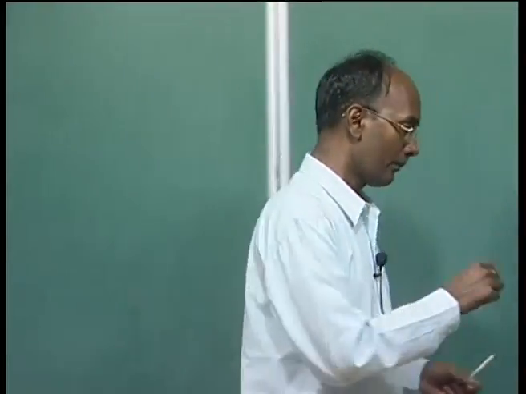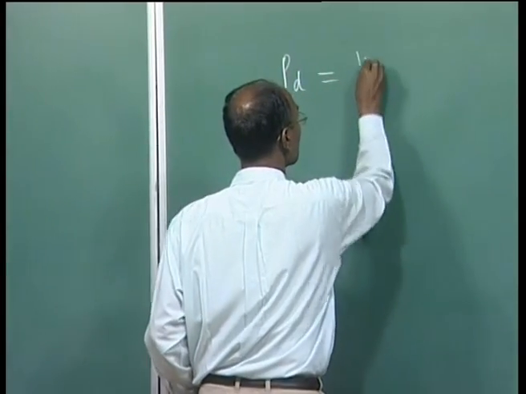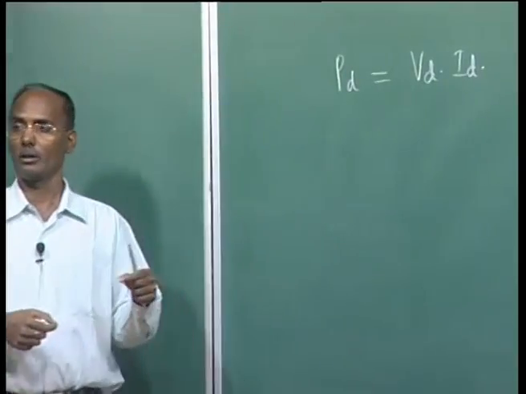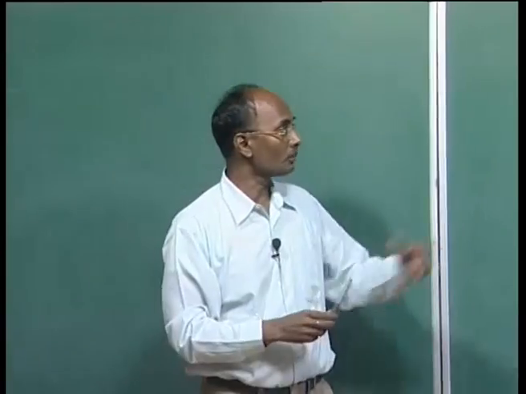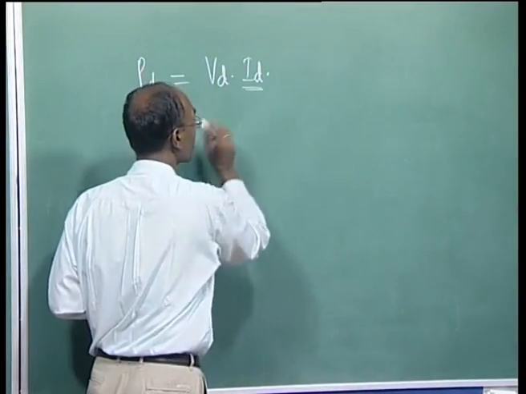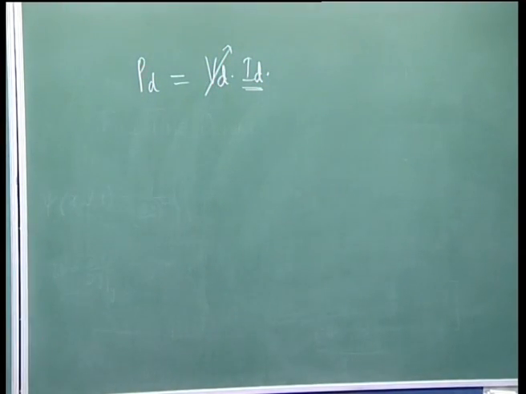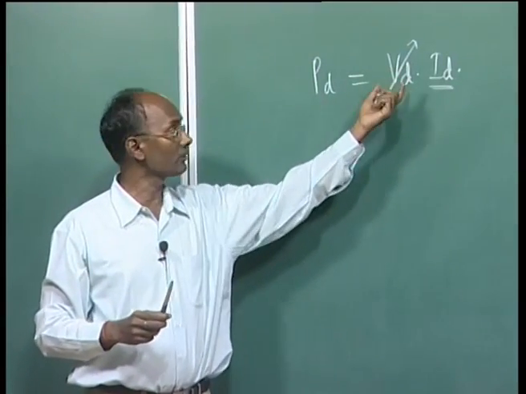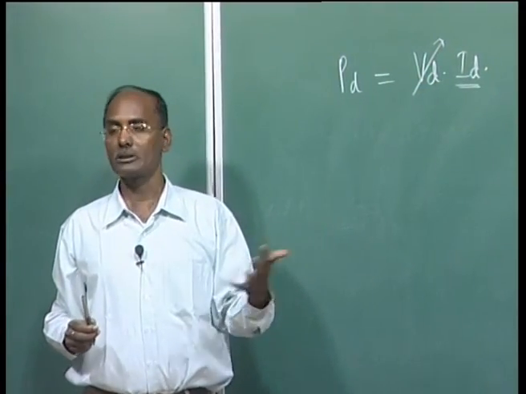Here the DC power in the link is nothing but VD times ID, if we are talking at the rectifier end. If you ignore the losses in the line, VD at both ends is almost the same. We try to maintain the current fixed, and change VD by the rectifier operation, controlled by the delay angle.